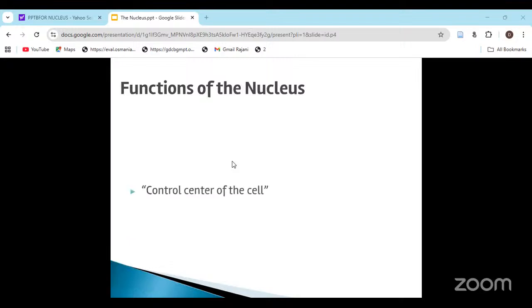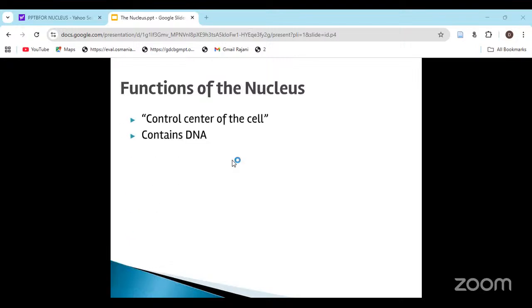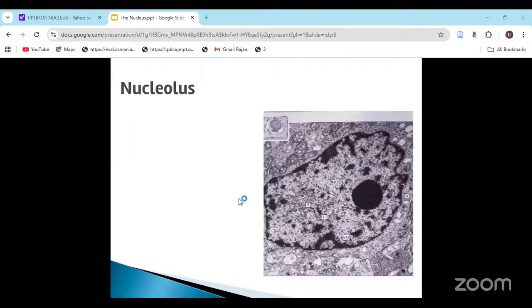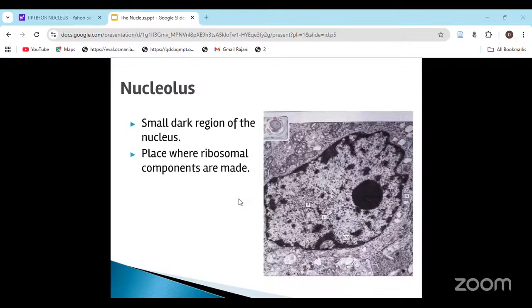What are the main functions? It is the control center of the cell and contains DNA, the genetic material, which directs protein synthesis through ribosomes, and contains genetic information.